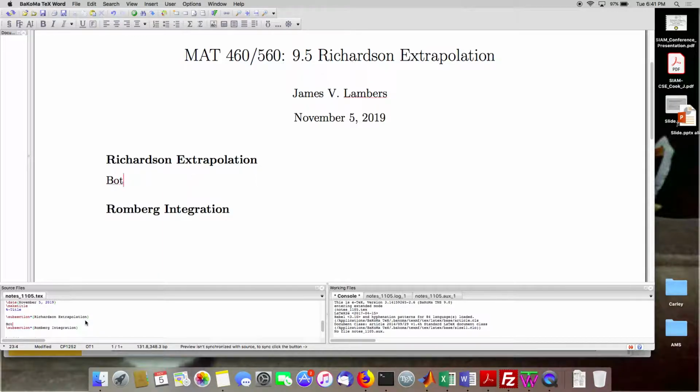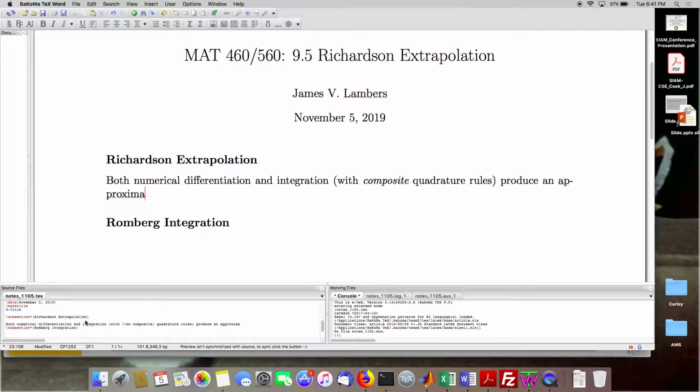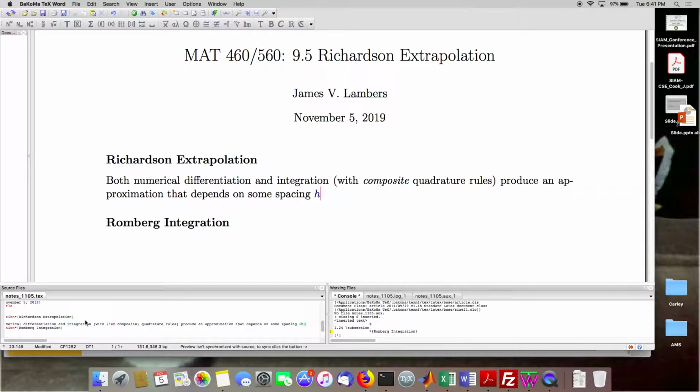Both numerical differentiation and integration, and I want to emphasize here composite quadrature rules, produce an approximation that depends on some spacing h.